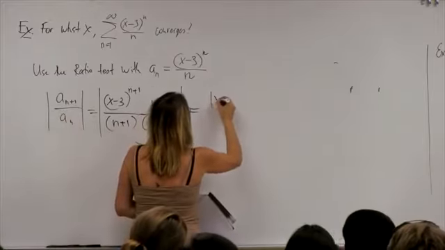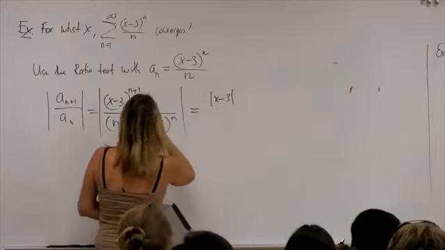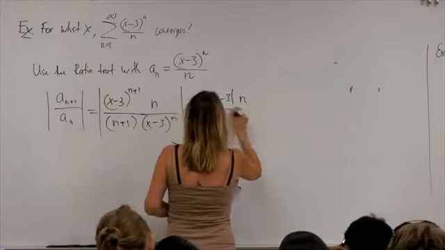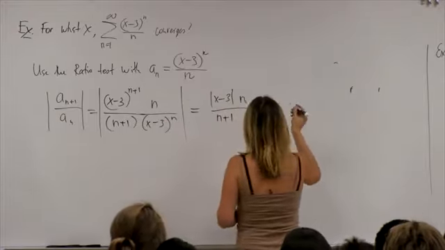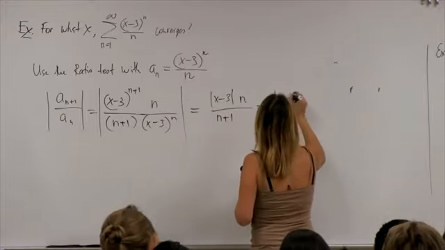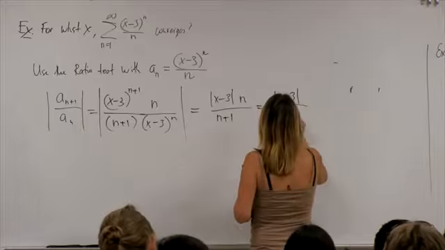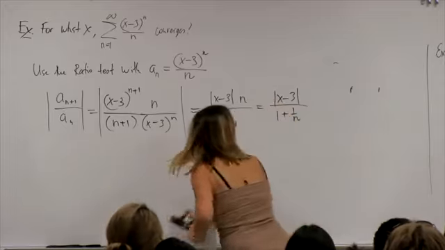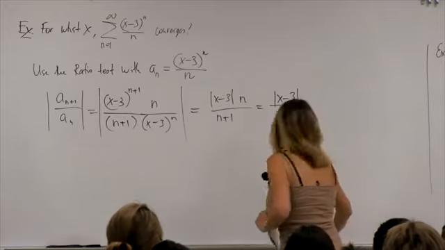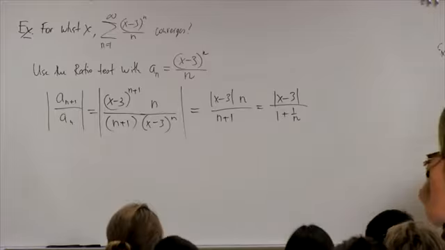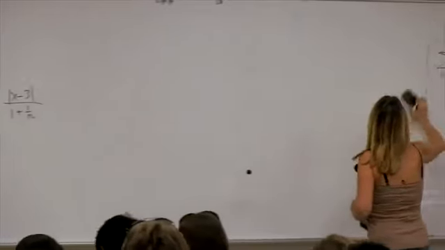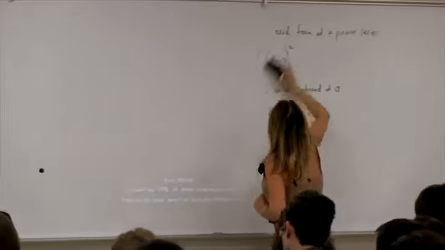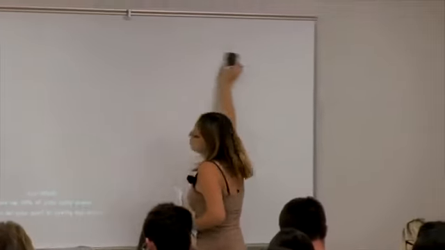So I have x minus 3 remaining, and I have n over n plus 1. And I'm going to divide this whole thing by n. So I have x minus 3 over 1 plus 1 over n. Okay. So what I'm interested in when applying the ratio test is to calculate the limit of this quantity as n goes to infinity.